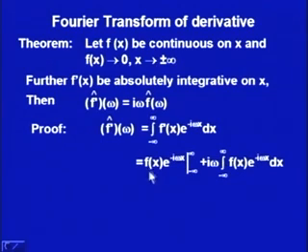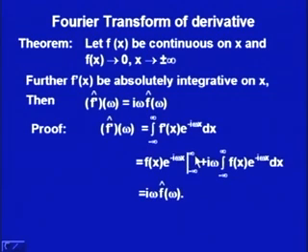So what we get is f(x) e to the power minus i omega x evaluated from minus infinity to plus infinity, plus, since the derivative of this is minus i omega times e to the power minus i omega x, here it would be plus i omega times the integral from minus infinity to plus infinity of f(x) e to the power minus i omega x dx.